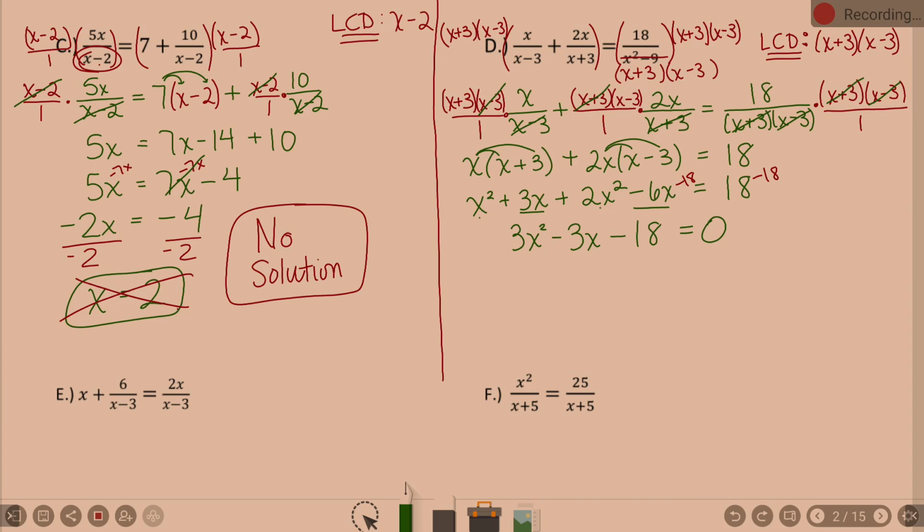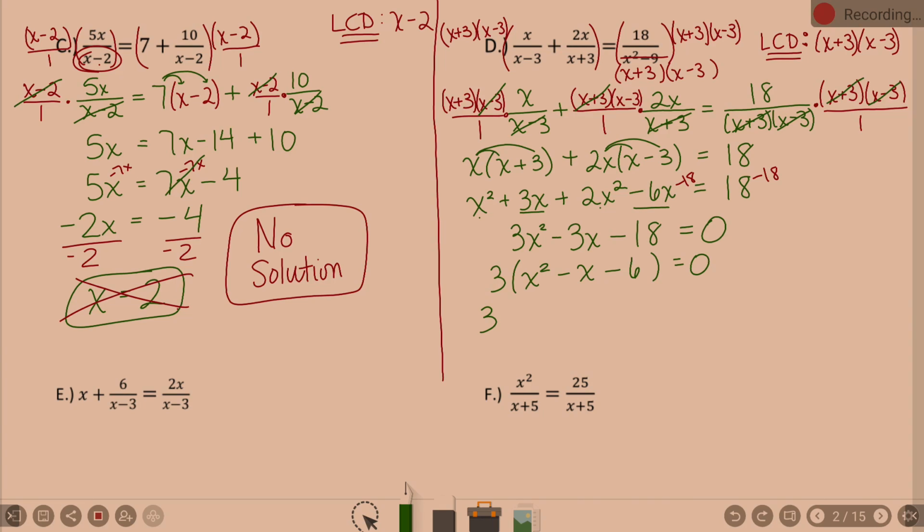What do you see? Be smart. GCF of 3, yes? Otherwise you have to do product of AC, guys, or slip and slide. No one wants to do that unnecessarily. So GCF of 3, if we divide these all by 3, x squared minus x minus 6. The 3 stays out front.